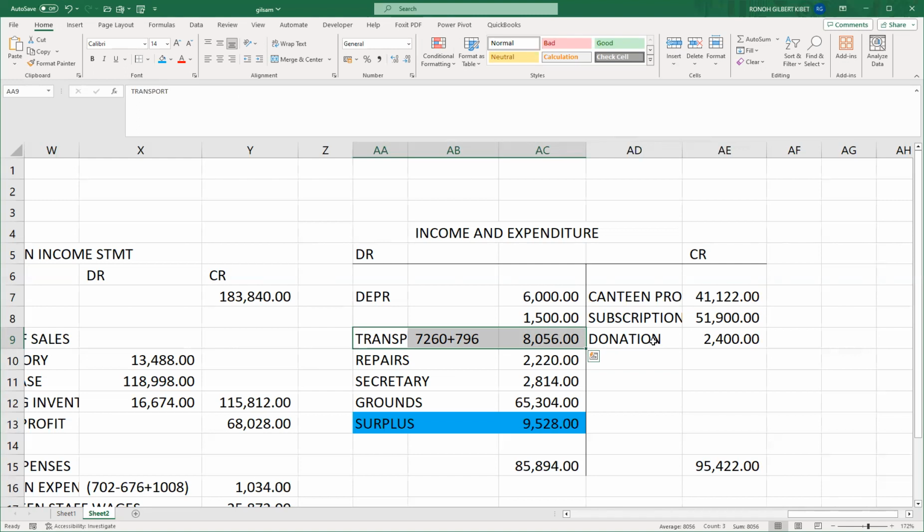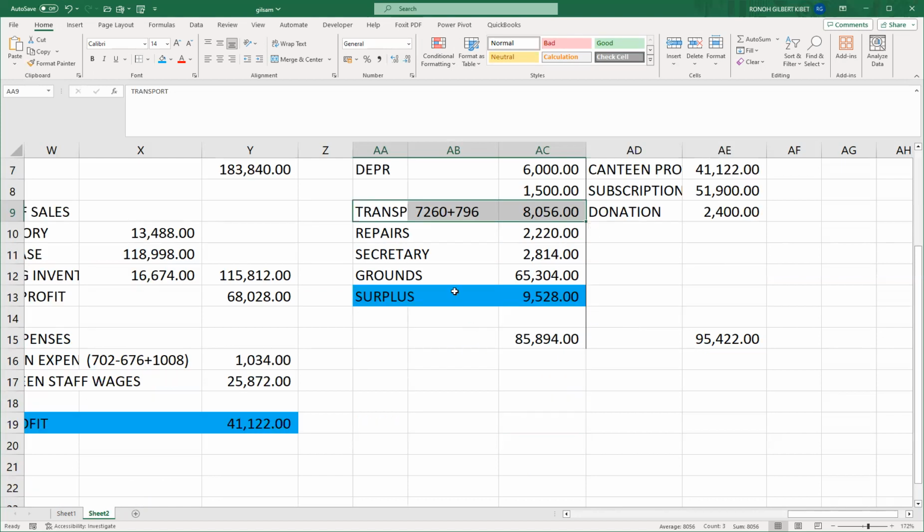That's what we call a transposition error. So this 9528 is the net surplus, the one which we will take to the balance sheet.